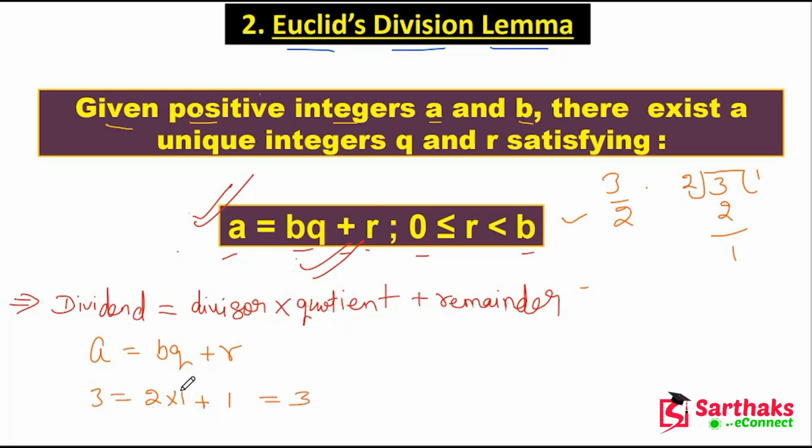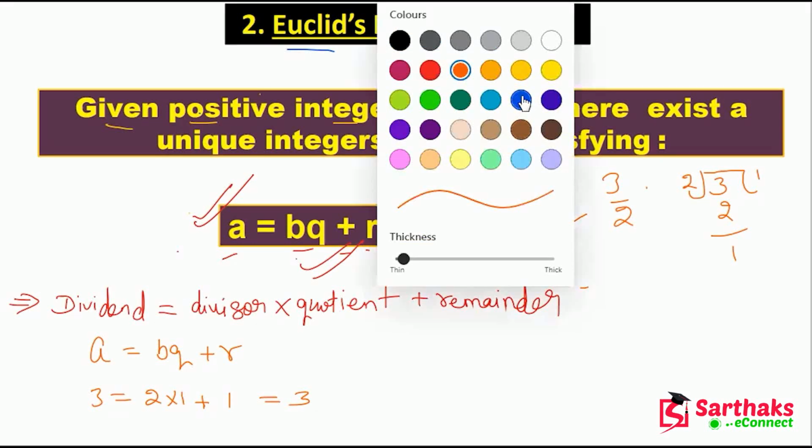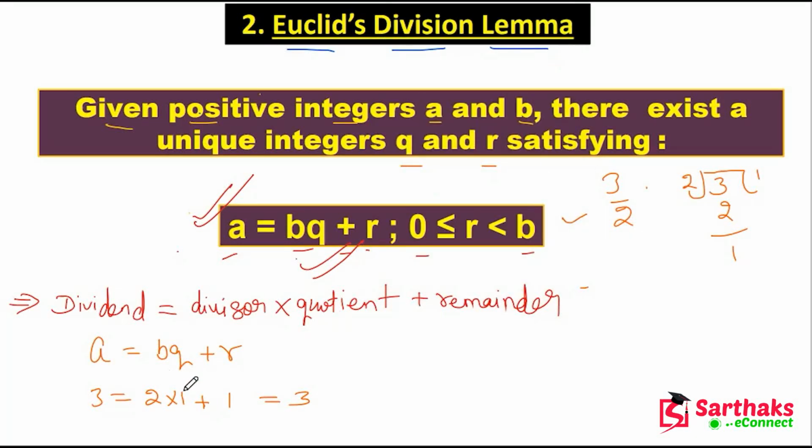Now the statement says, and this is the very important part, that we have q and r as unique integers. Here q is 1 and r is 1, which is unique. And what is our next condition? r must be greater than or equal to 0.